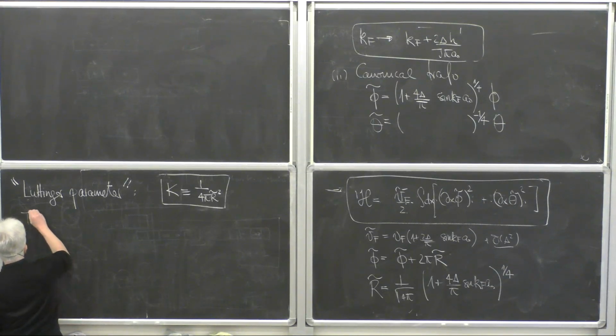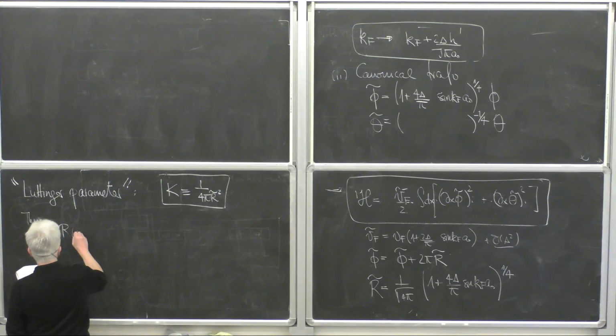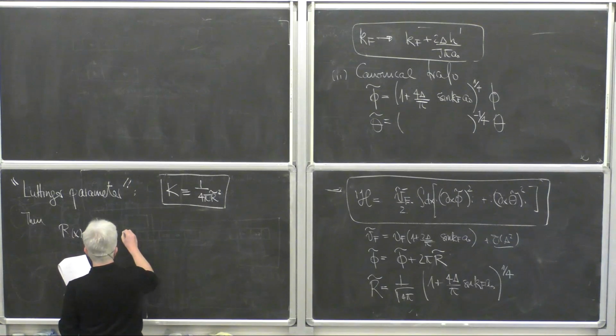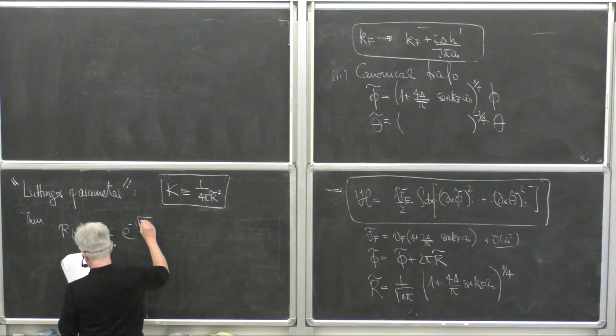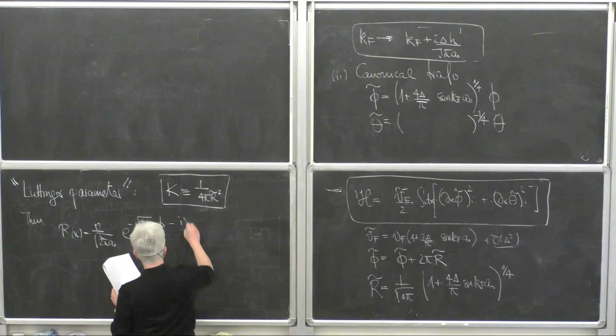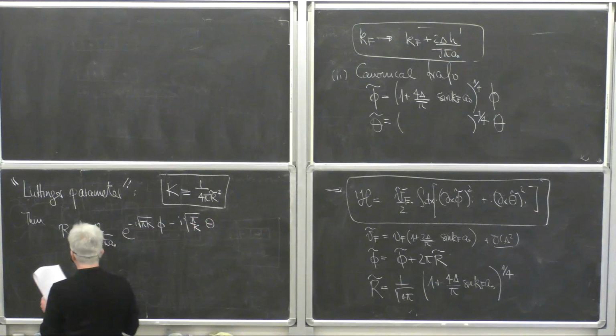So then we have bosonization identities. The right moving Fermi field is this Klein factor eta over square root 2 pi a naught, e to the minus i square root of pi K phi minus i square root pi divided by K theta.